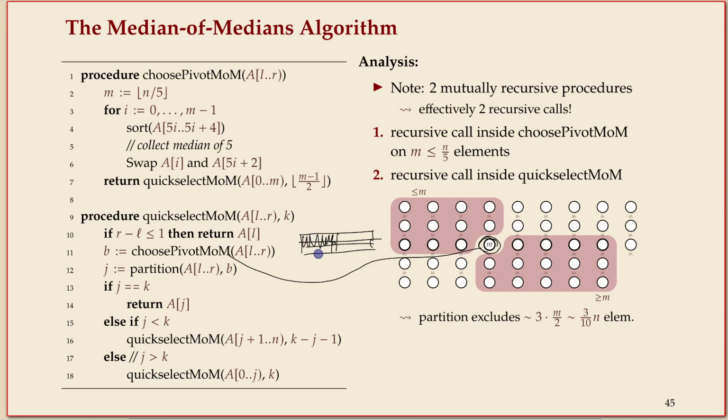Because it's 3 out of 5 rows, but half of the width. So that's 3/10 of the overall elements. There's a plus minus a few elements that you have to be more careful about if you want to rigorously prove this. But for this part, we'll leave it with the asymptotic equivalence statement.